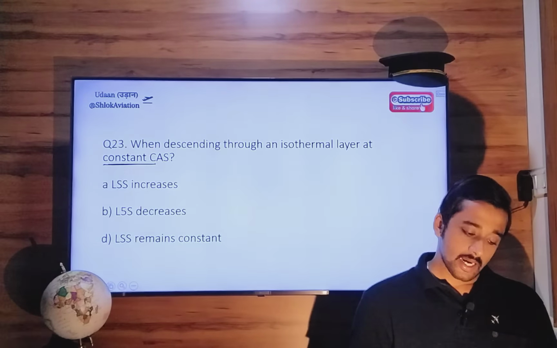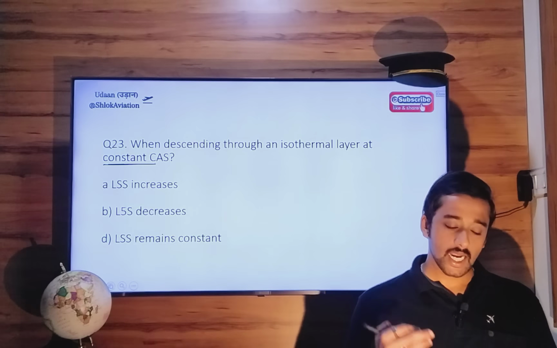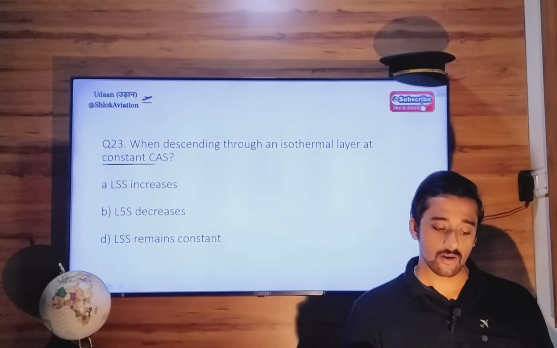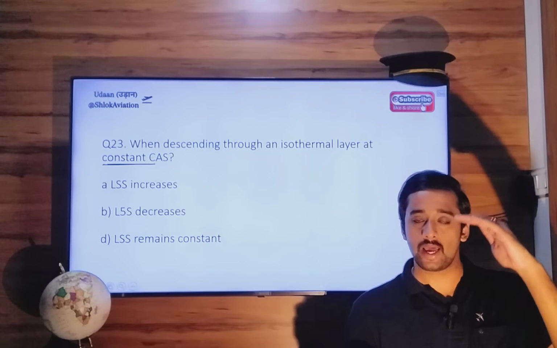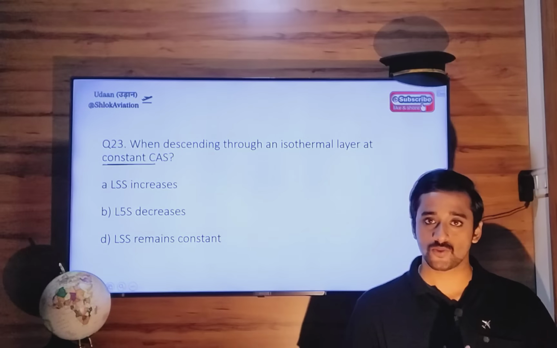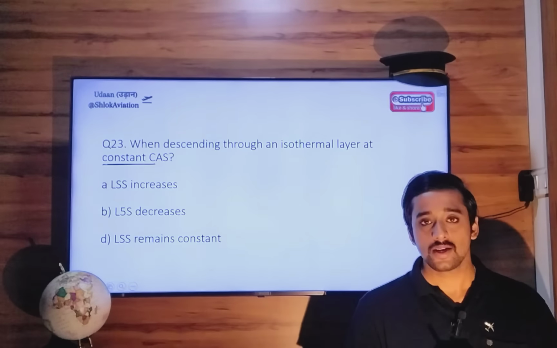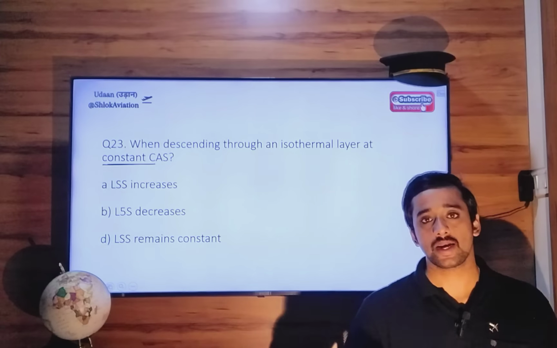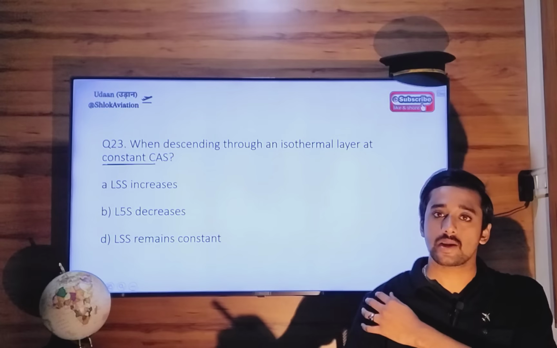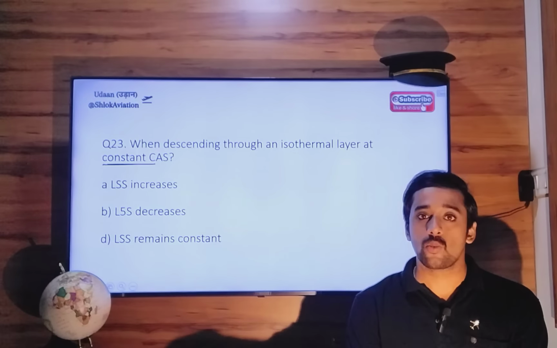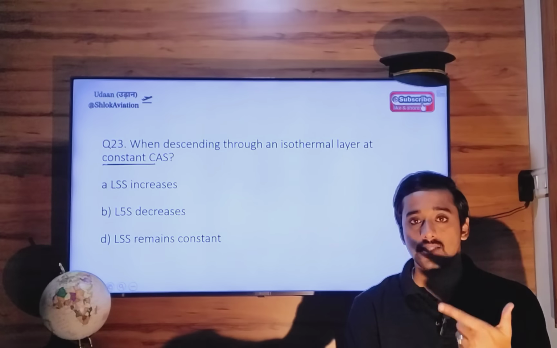At constant calibrated airspeed. Now, when you descend at constant calibrated airspeed, what happens? When you are descending to lower and lower altitudes, what happens to atmospheric pressure? The atmospheric pressure increases, right? So, when you are descending at a particular calibrated airspeed, the increasing atmospheric pressure will result in your calibrated airspeed increasing in value.